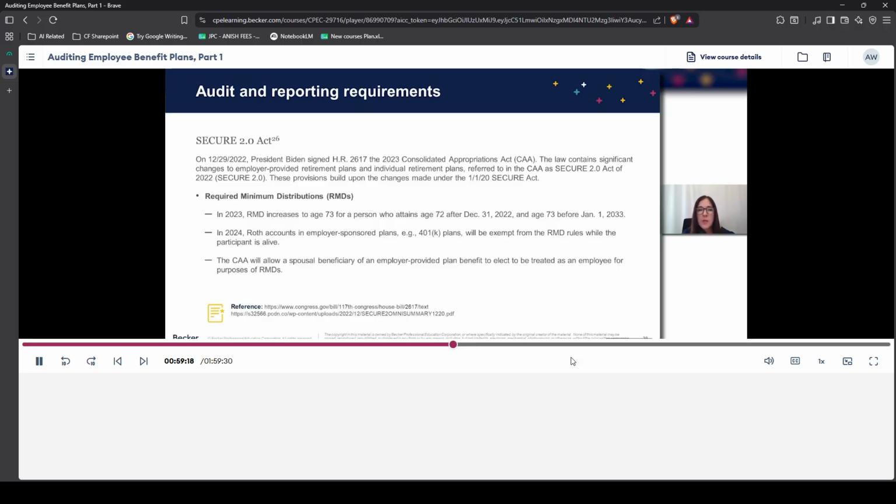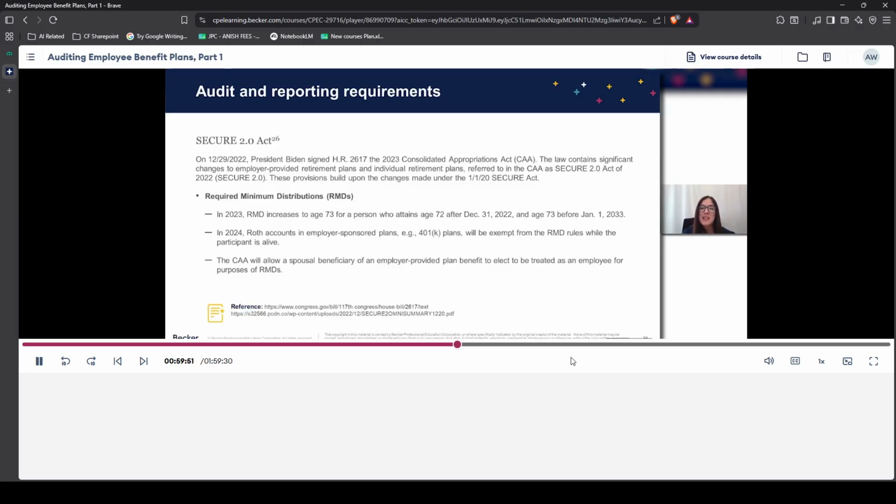So one of the first things we need to point out, I mentioned just a second ago that under the original Secure Act, they increased the RMD age. Well, here under Secure 2.0, they've increased it again. So starting in 2023, the RMD increases to age 73 for an individual who attains age 72 after December 31st, 2022, and before January 1st, 2033, when they reach age 73.